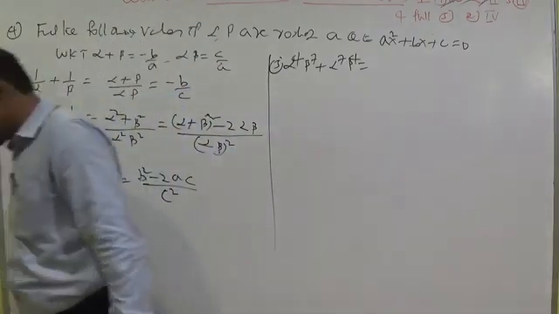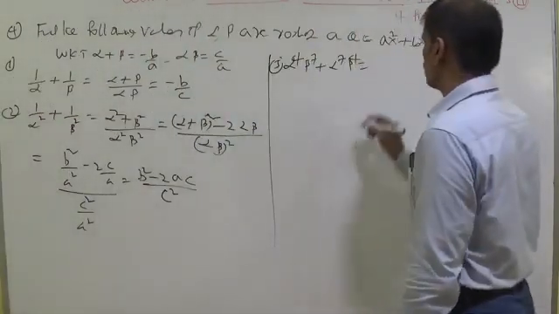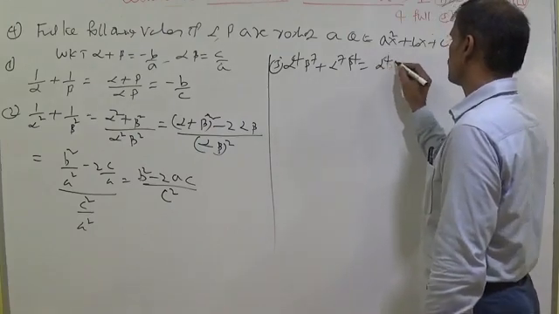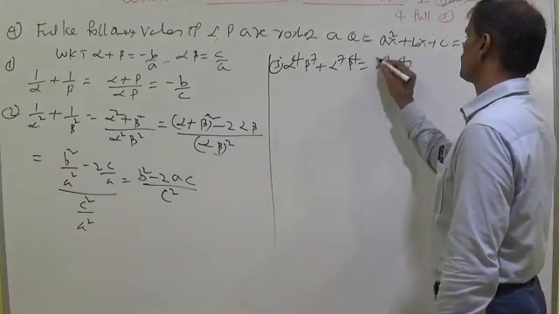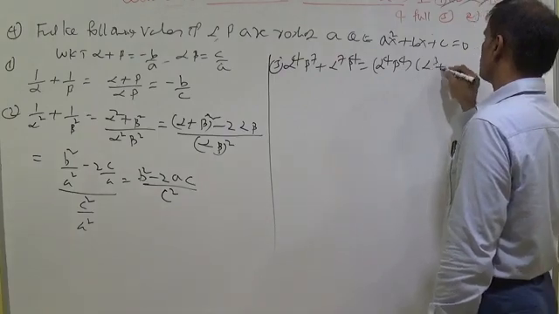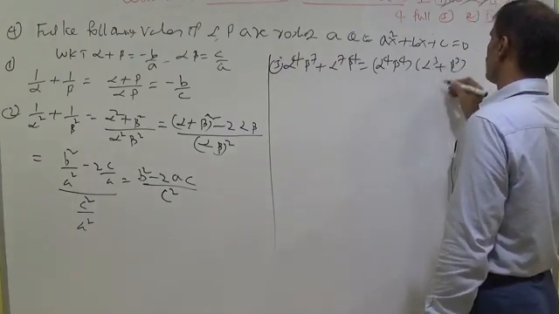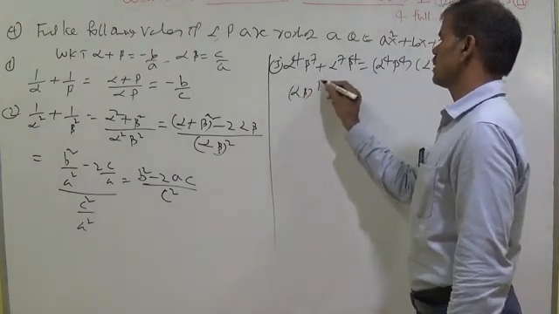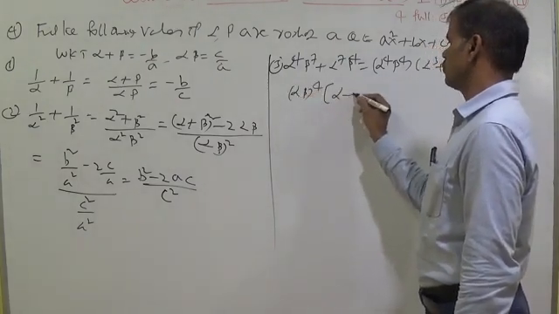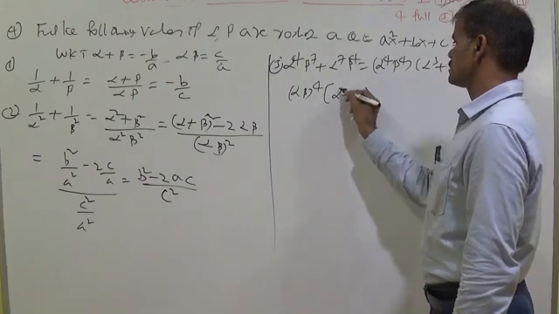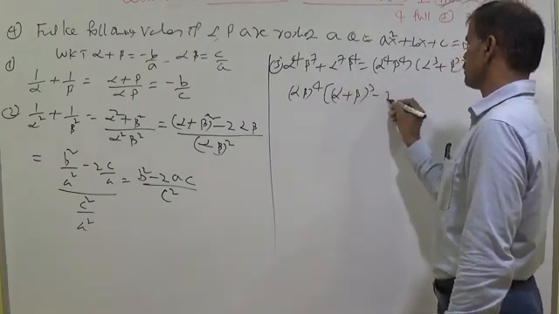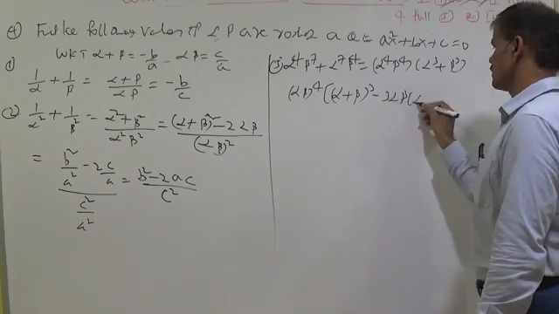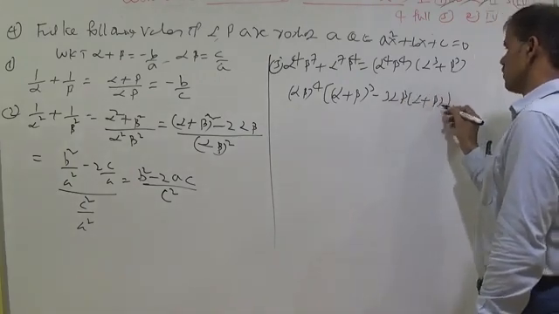Among both alpha and beta values, you can take common as alpha power 4 beta power 4. Within the brackets you can write alpha cube plus beta cube. You can write this one as alpha beta whole power 4 and this one, by the formula, as alpha plus beta whole cube minus 3 alpha beta into alpha plus beta.